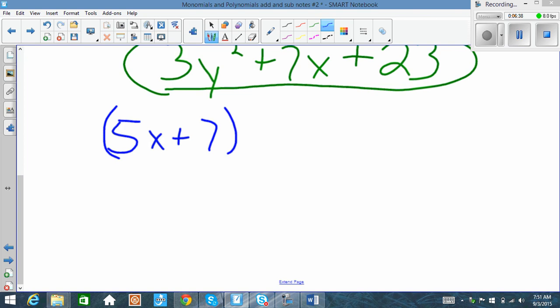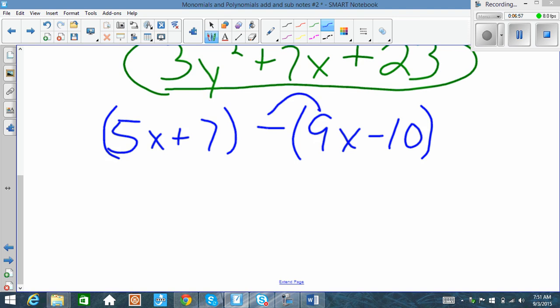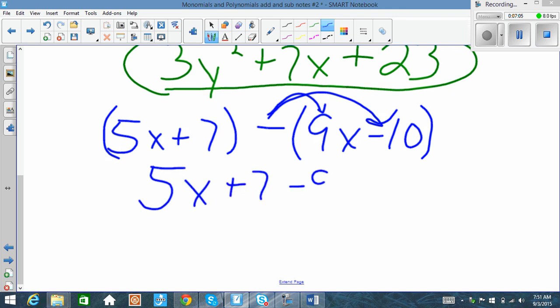So if I had 5x plus 7 minus the quantity 9x minus 10, then before you could combine like terms, you would have to distribute the subtraction out. So it would become 5x plus 7 minus 9x, because that's essentially a negative there. So a negative times a positive is still negative, or subtraction. And a minus with a minus, or a negative with a negative, makes it a positive 10.